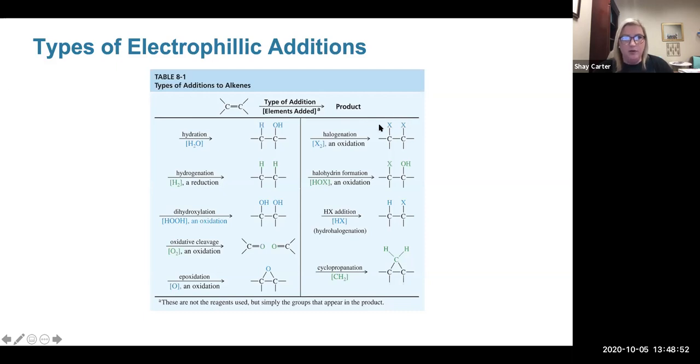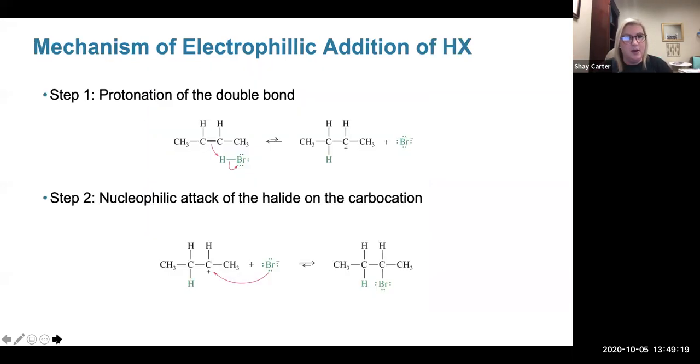We could also, remember, call this a vicinal dihalide, okay? So Br2. A halohydrin, remember, is a halogen and an OH group on adjacent carbons. Okay, we're adding across the double bond, and then we can keep going on from there. So there are a whole bunch of different types of electrophilic additions.